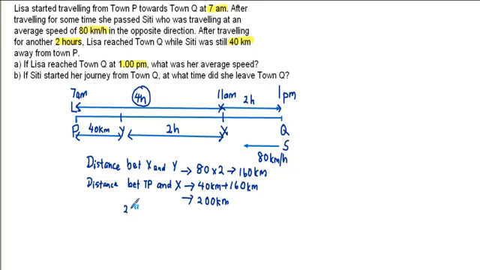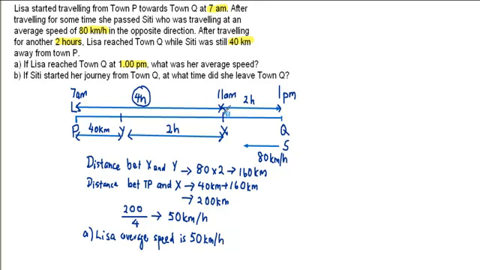So 200 kilometers over 4 hours will give us 50 kilometers per hour. So your statement for A would be Lisa's average speed is 50 kilometers per hour.